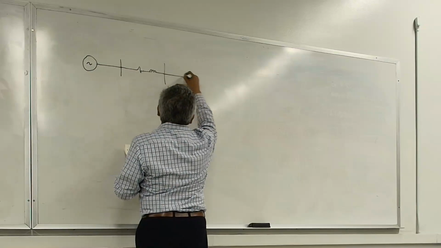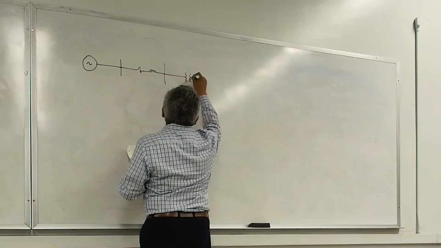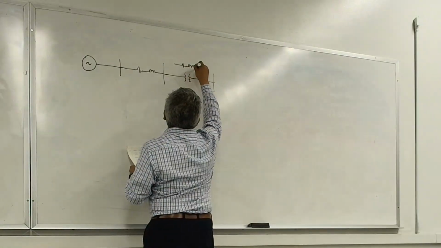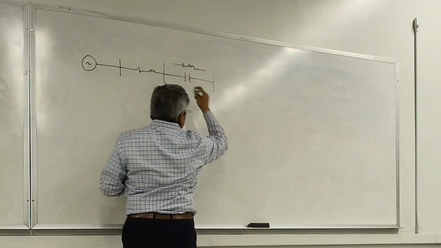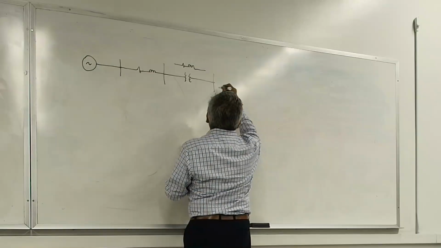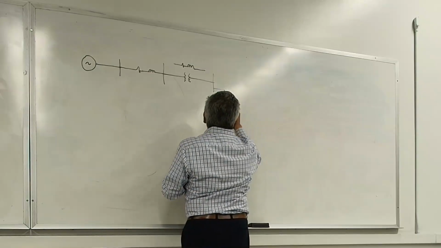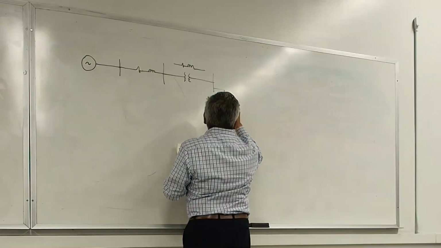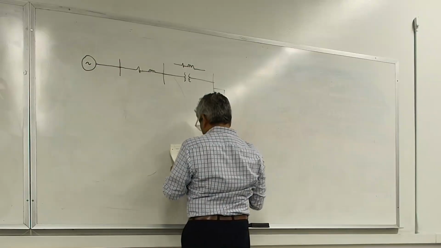You find a transformer right here, and you can represent it as a resistor and inductor. As a matter of fact, you can just leave the inductor if you want, and then you have loads, and the loads have resistance and reactance. Okay.